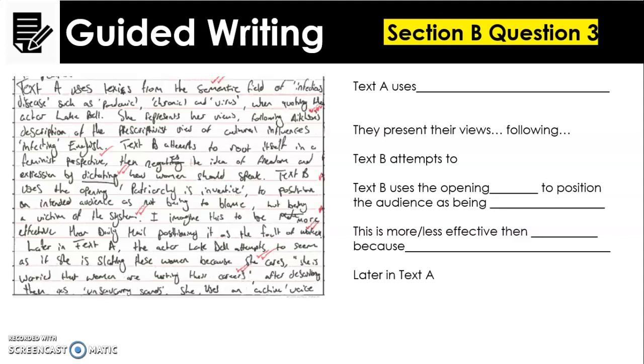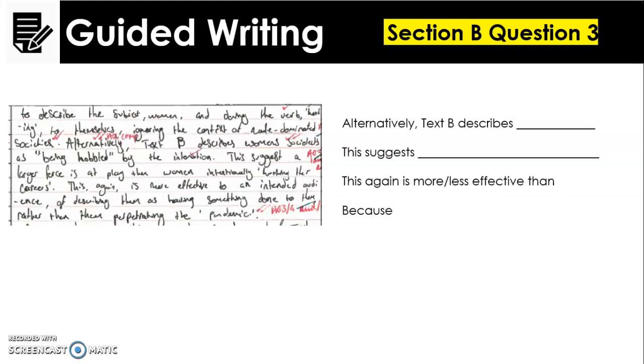Later in text A, the actor Lake Bell attempts to seem as if she's slating women because she cares. So then he goes on to introduce more quotes after describing them as unsavory sounds. She uses an active voice, there's our description, to describe the subject women. And the verb, yeah, so you can actually see writing can be different, and choosing the verb to themselves, ignoring the context of male-dominated societies.